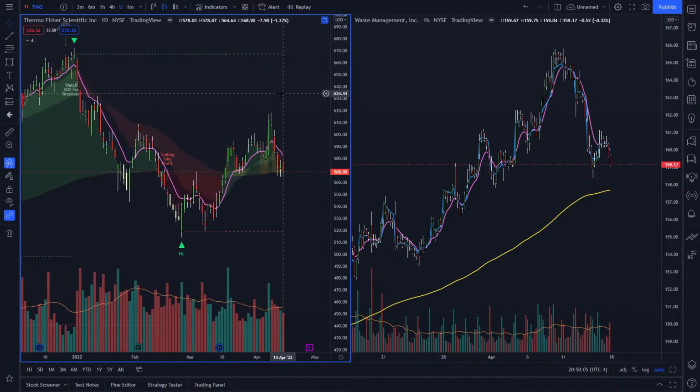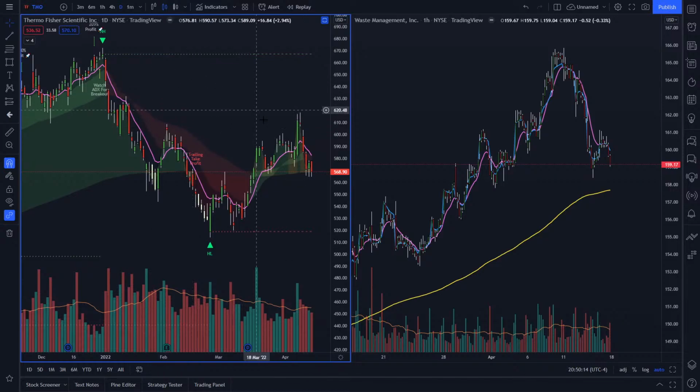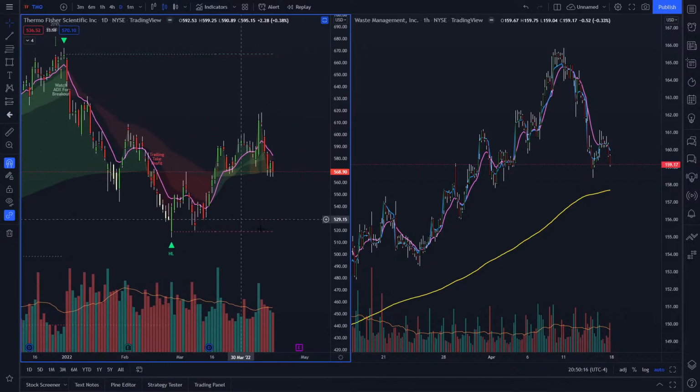And then we're going to end up making a higher high. So we need to push back over this price action, 161 on Waste Management. And this is on TMO. It just did that. So now we're just going to be looking to continue upwards.